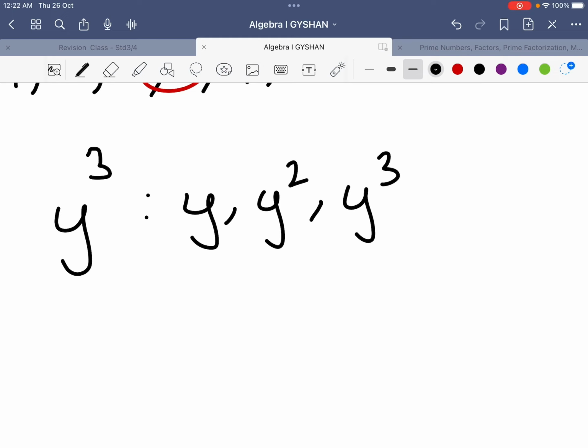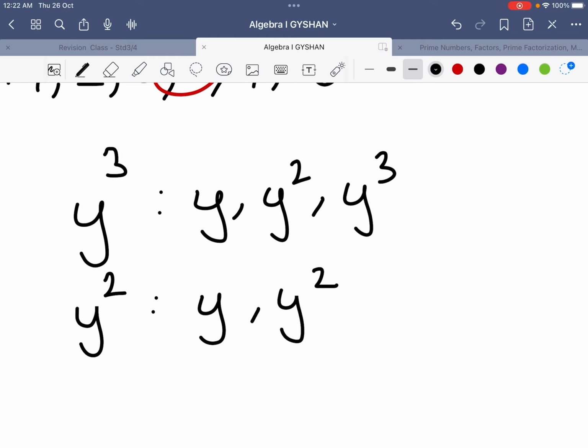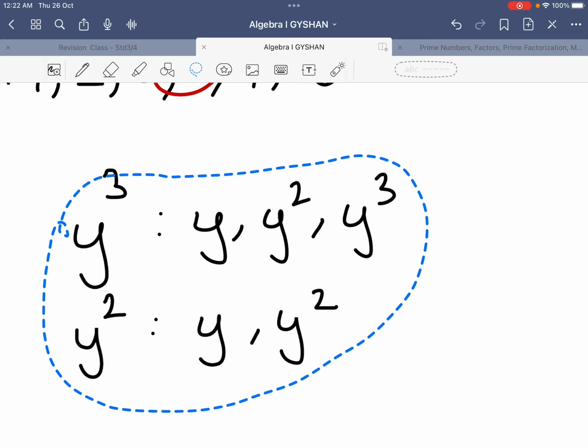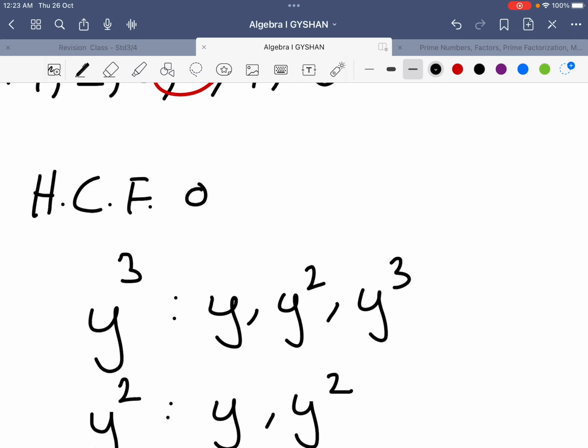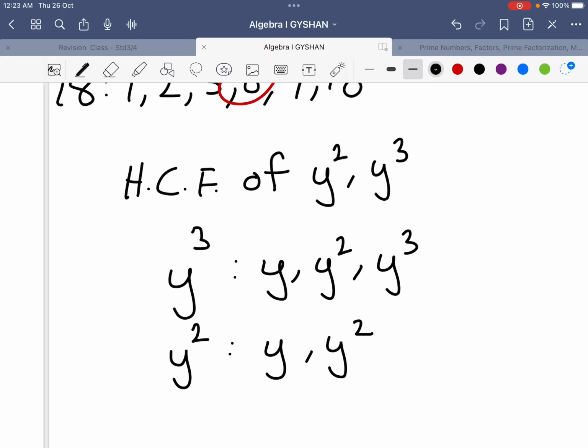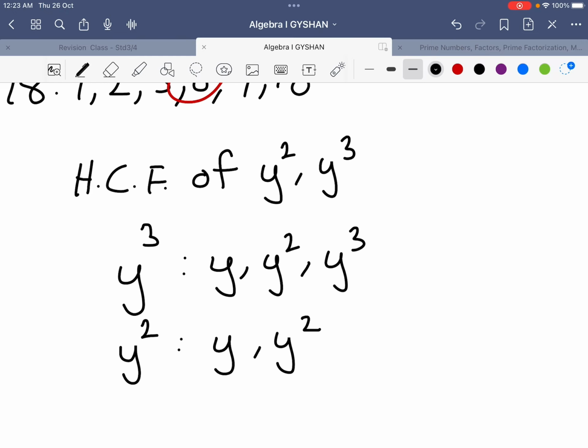What about y squared? Y squared will be y can go into y squared, and y squared can go into y squared. So if I ask you what is the HCF of y squared and y cubed, that will be this here.